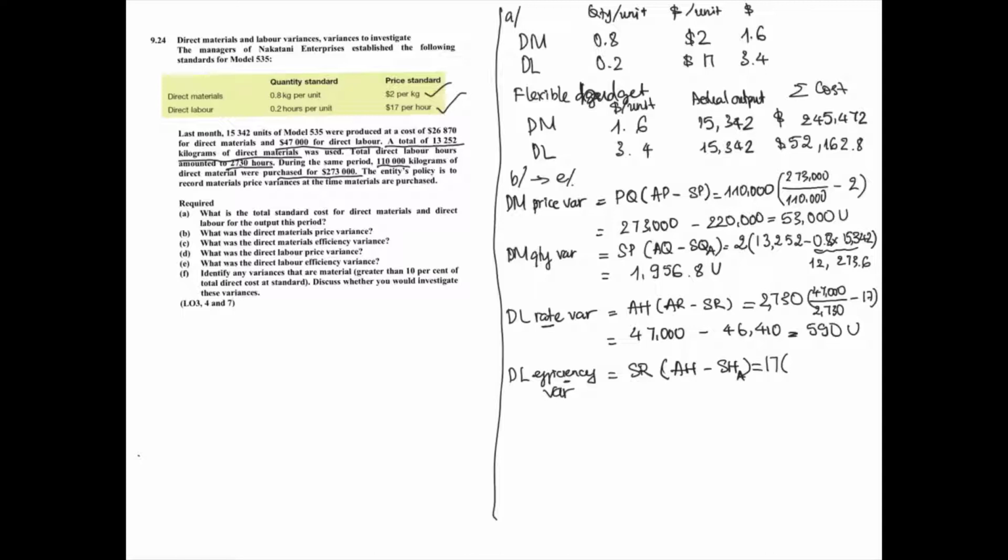Inside, the actual hours that we use, 2730, minus the standard hours given the actual output. So for each unit we use 0.2 hours, and we produce 15,342 units, and what we arrive at is 57.8 favorable.